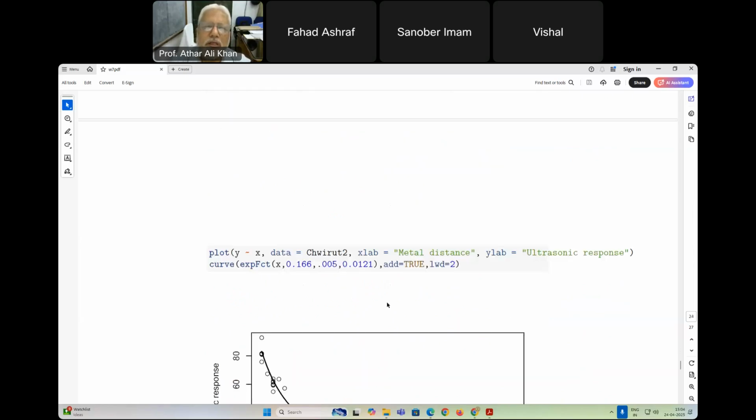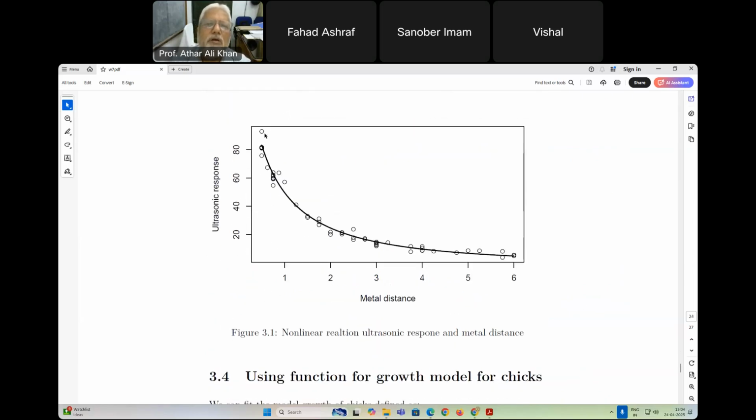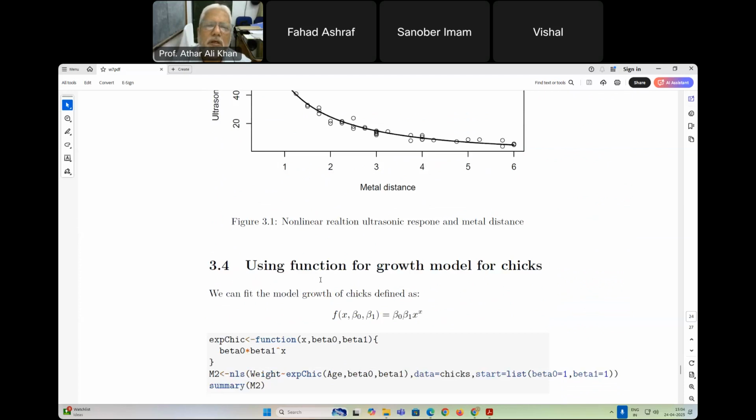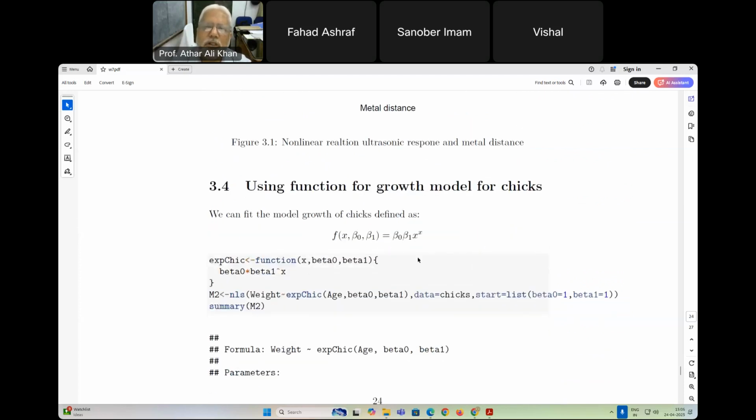Graphically looking into the matter, here we have plotted the data, we have got a scatter diagram, and then we have a plot of the fitted data, and this looks like a very good fit. Using a function for the growth model for chicks. See here, we have defined this growth model, expo chick function x, beta0, beta1, and beta0 into beta1 raised to the power x.